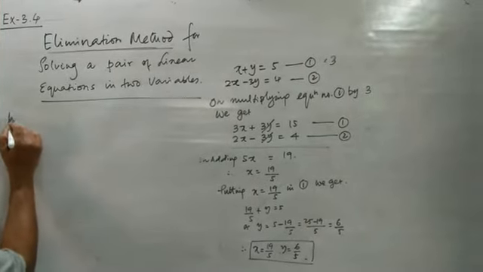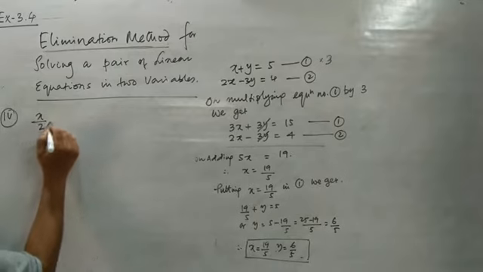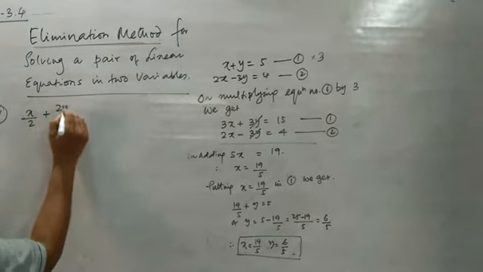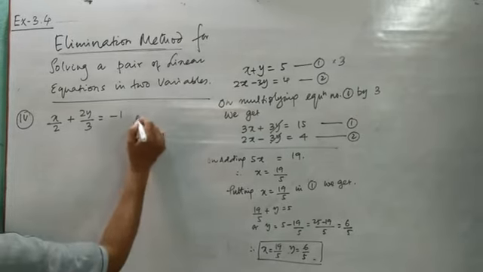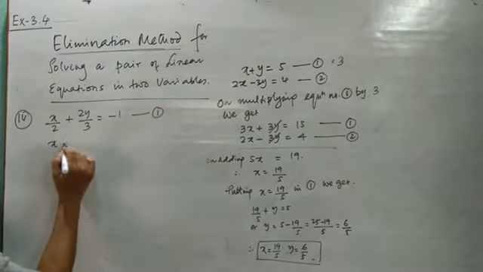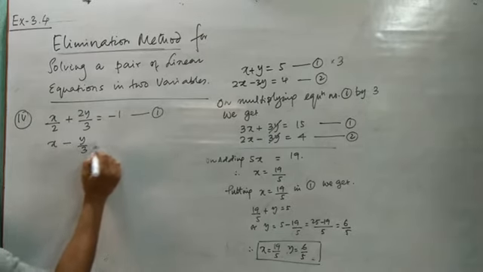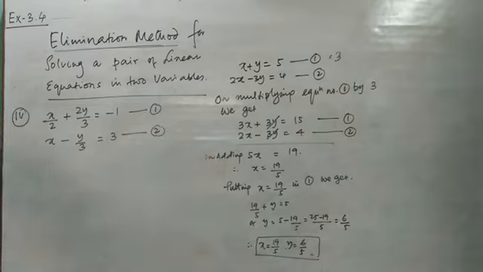Question number 4, that is x by 2 plus 2y by 3 is equal to minus 1, call it equation number 1, and x minus y by 3 is equal to 3, call it equation number 2.